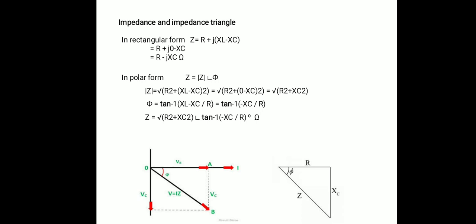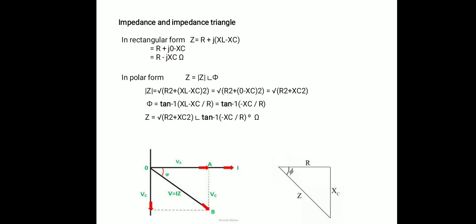It is the graphical relation between resistance R, impedance Z and reactance X, which gives us a triangle called the impedance triangle. You can see the impedance triangle on the screen on the right hand side, with R, Z and Xc.